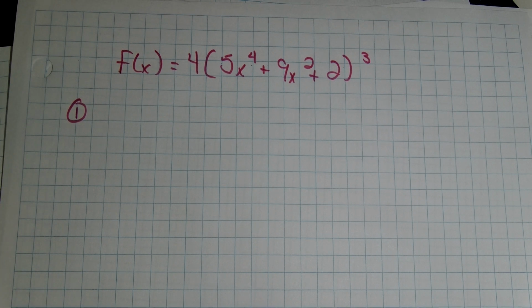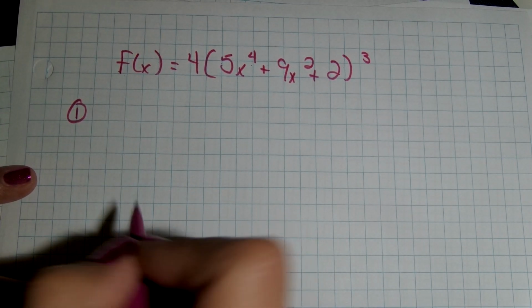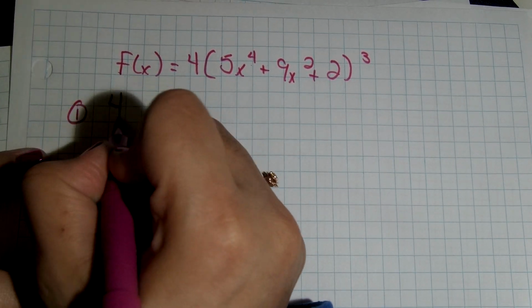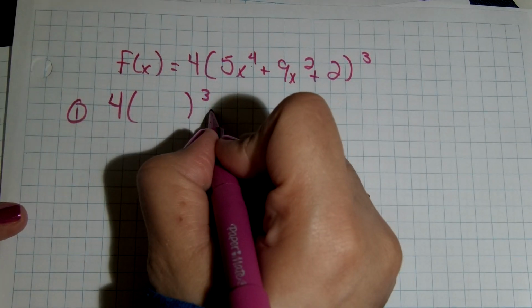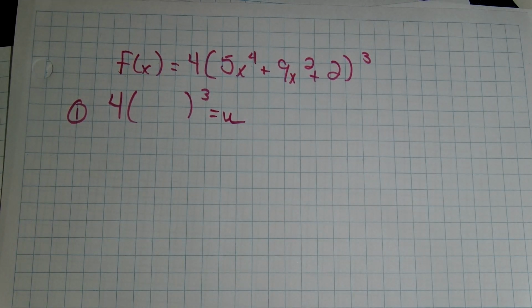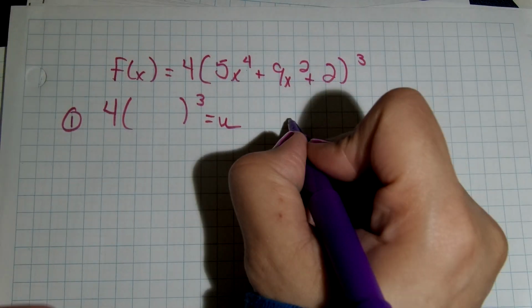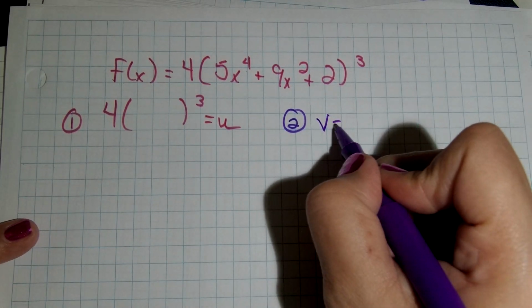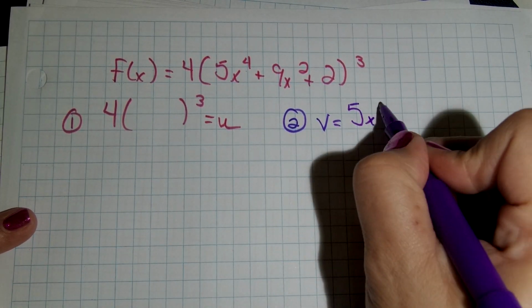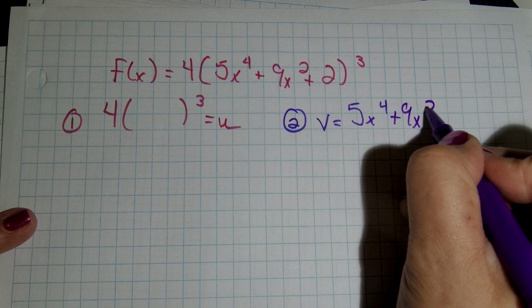What is u then? 4 something 3. Good. Let me label it. I'm just going to put equal u. Are we good with me doing it in different colors so you know the steps? Okay. Step 2. What is step 2? Find v. So what's v? Very good.